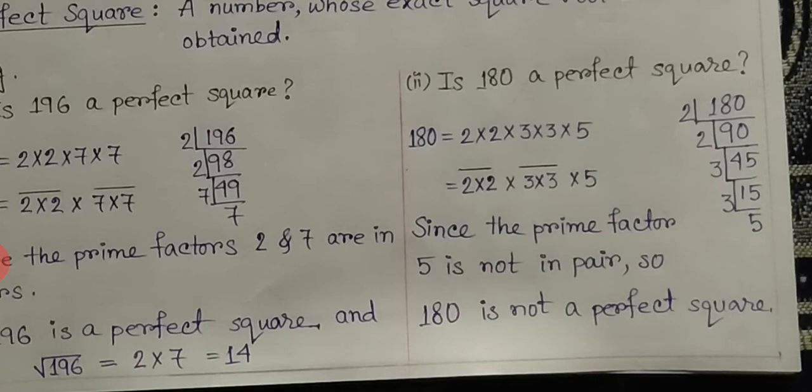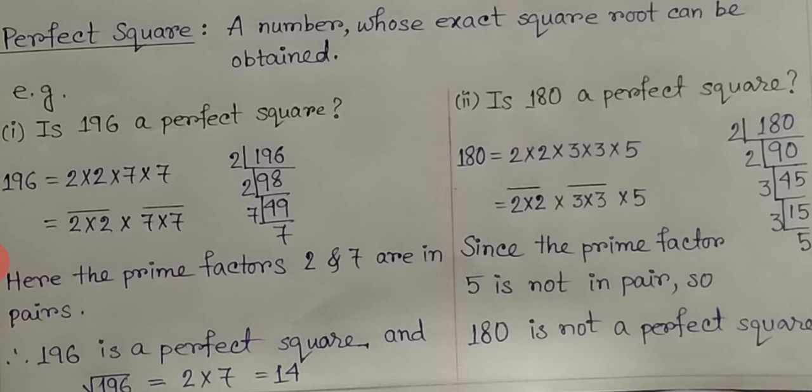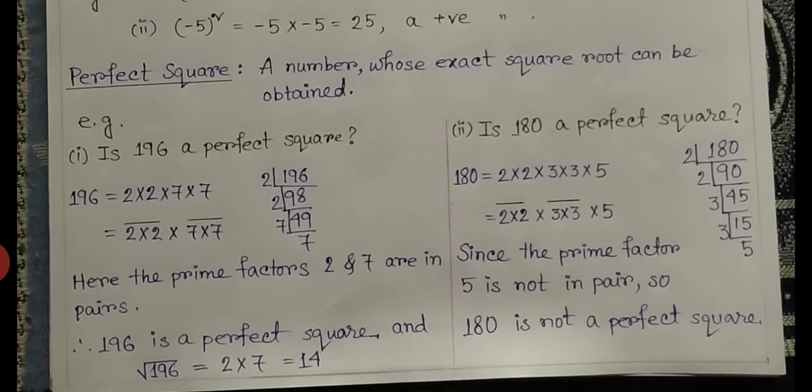So 180 is not a perfect square. If we want to make 180 a perfect square, we have to multiply 180 by 5. Then it will be a perfect square. So hope the concept of perfect square is clear to you.